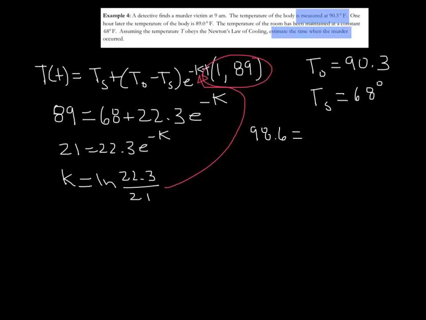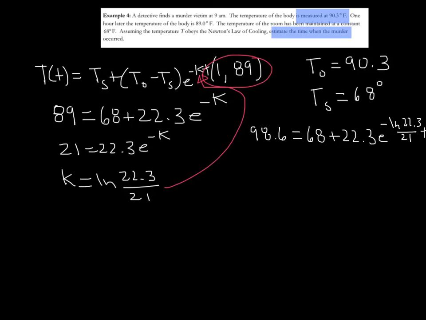It's going to be 68, using the same formula as before, plus the difference between them, 22.3, no different, and that's going to be e to the negative k, which is the natural log of 22.3 over 21 times t.